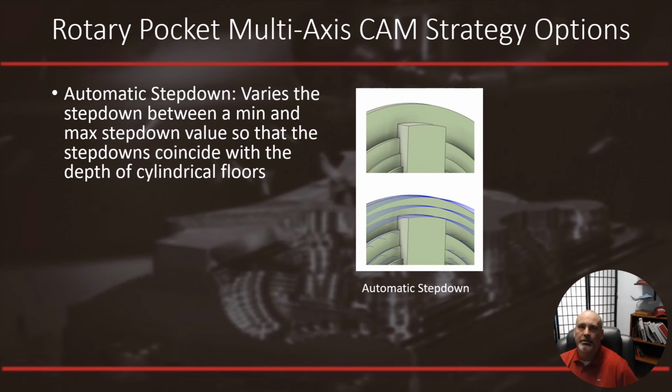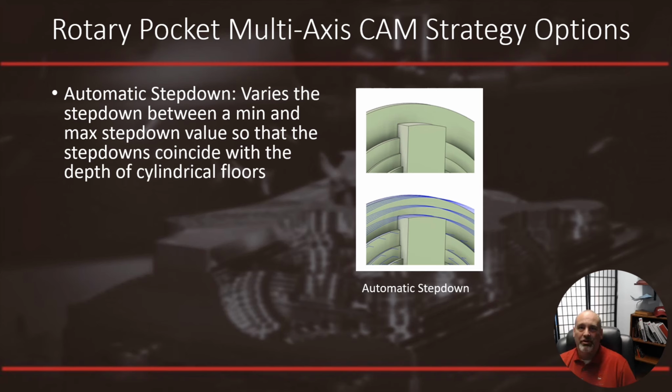Automatic step down is an option you have with the rotary pocket multi-axis CAM strategy. It varies the step down between a maximum step down and a minimum step down value, so that the step downs coincide with the cylindrical floors on the part.